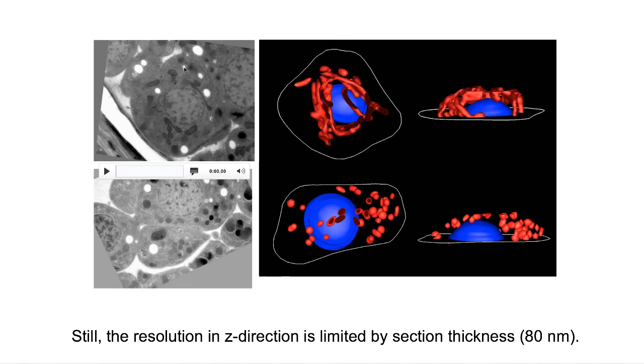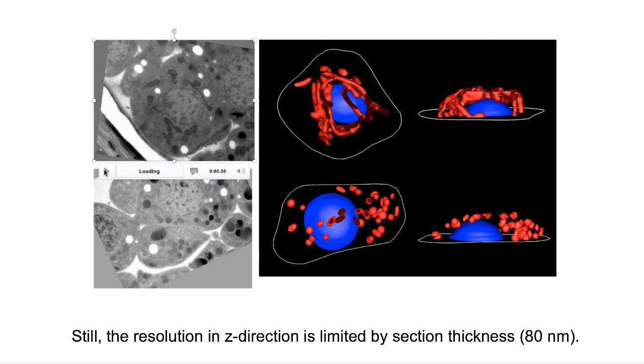This is a developing C. elegans embryo cell, and these are mitochondria. In one image, we can recognize which are mitochondria, but we have no idea how the mitochondrial organelle is organized in 3D.